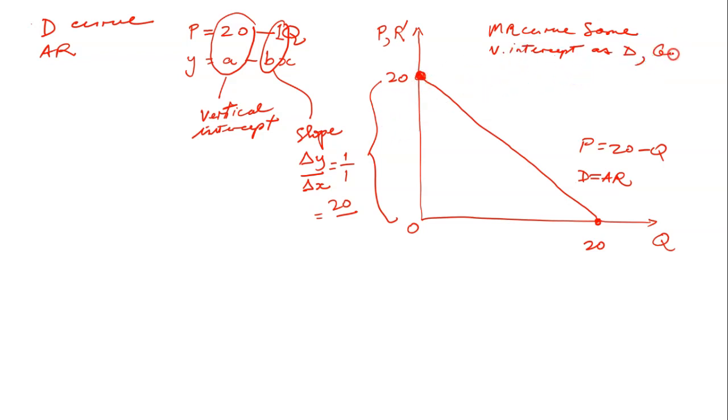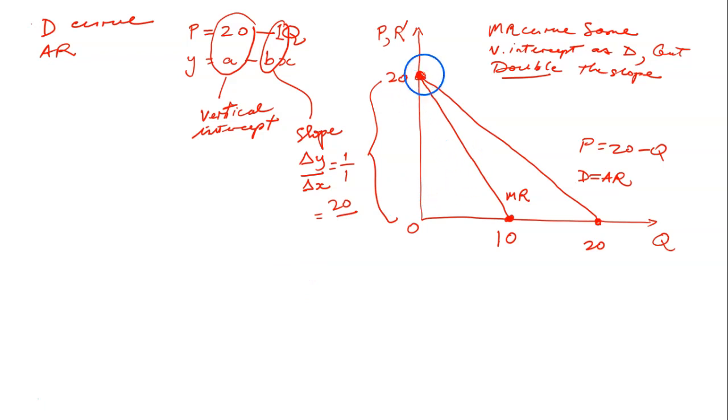But it has double the slope in absolute terms. Double the slope would be, if we found a halfway point, like that. And there's our marginal revenue.